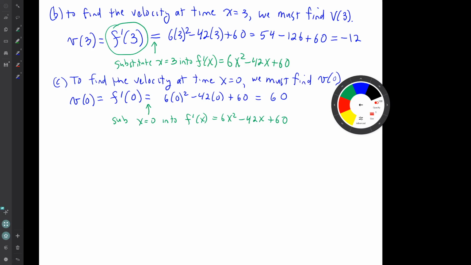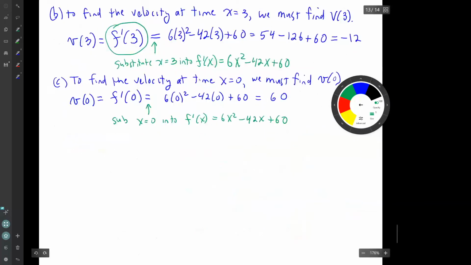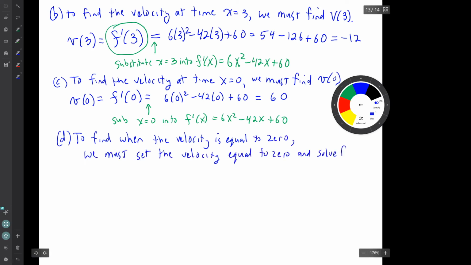Let's go up and see what our next question is. That should have been C. Question D is, at what times is the velocity equal to 0? To find that, we have to set the velocity equal to 0 and solve for x. So I'm going to turn that around.